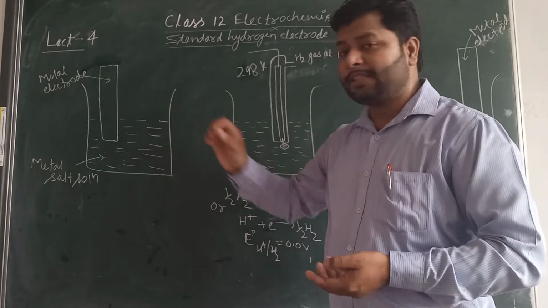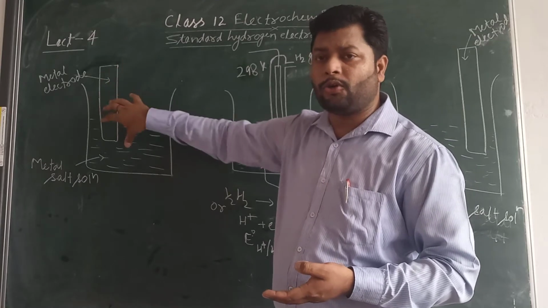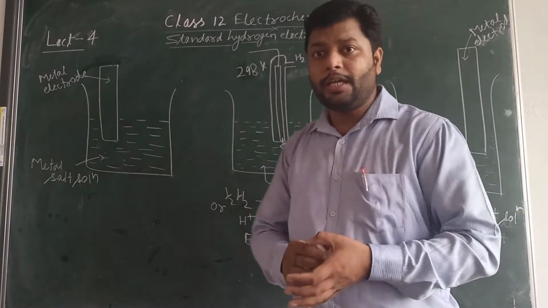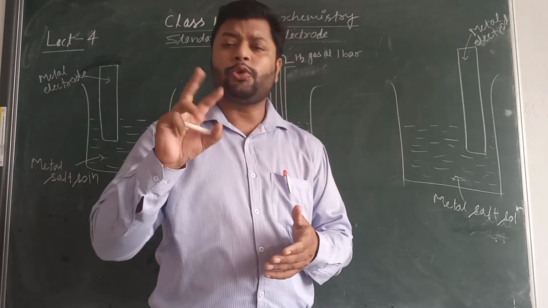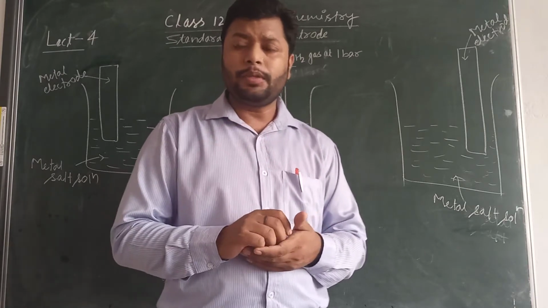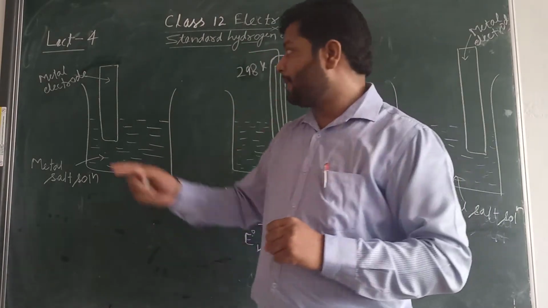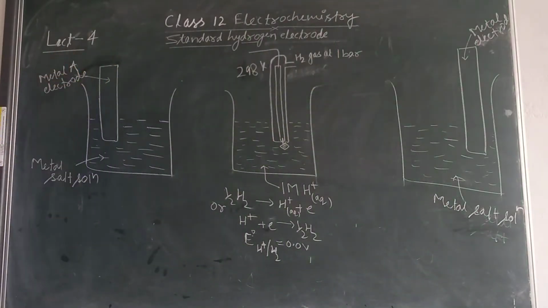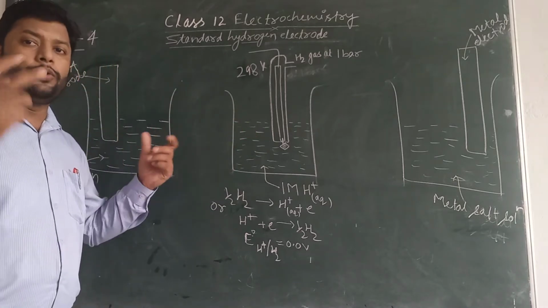Here I have some pictures. I am assuming one metal electrode which will act as the opposite of the hydrogen electrode, and here also I am taking two examples. Let's assume metal A. When connected with the hydrogen electrode, it acts as the anode.